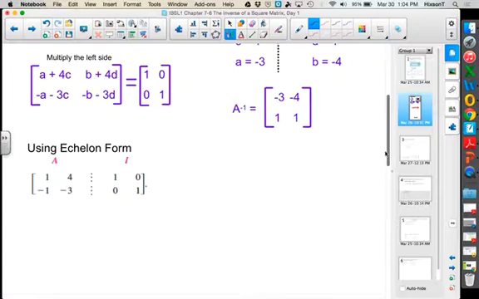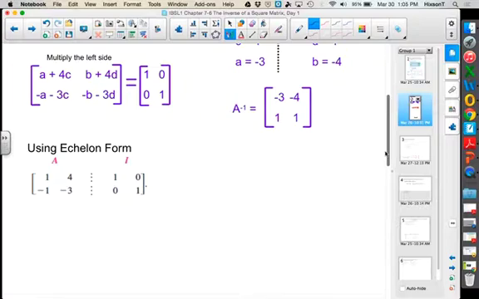And really what we're doing is creating what's called a double augmented matrix. If you remember, the augmented matrix was when we had a system and you use the constants. Here it's like we have 2 sets of constants and they happen to be the identity.